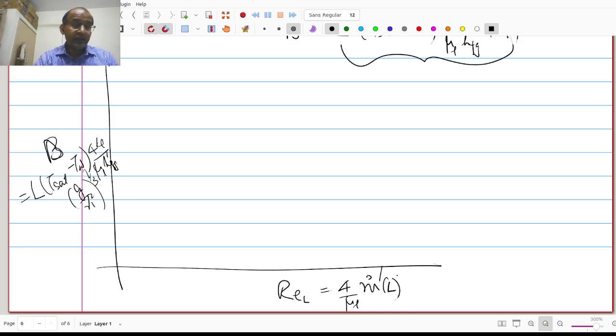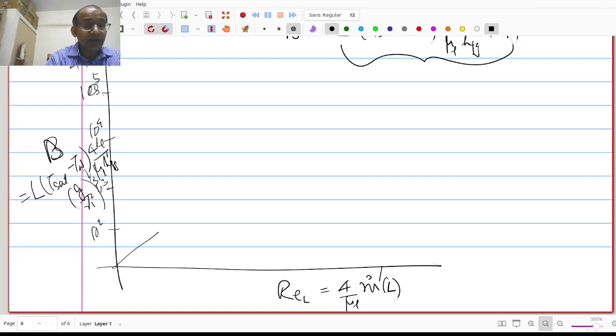Now this looks like a straight line in this region. So let me just put the values. This is 10 to the power of 2, 10 to the power of 3, 10 to the power of 4, 10 to the power of 5. And the end of the line is 4 into 10 to the power of 5.